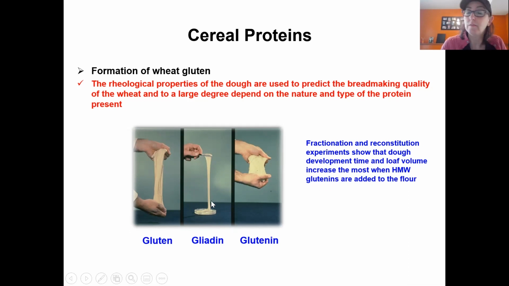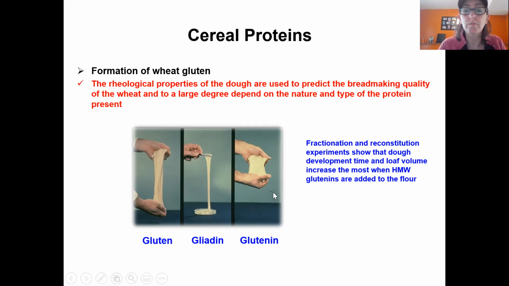This is a gliadin fraction alone. If we mix gliadin with water, you really won't get an elastic structure because of the lack of the high molecular weight prolamins, or glutenins. So you get a really viscous and very extensible type of dough. If you only have glutenin and you don't have any gliadin, you hardly have any extensibility. So it's a very strong, very rough, elastic network.